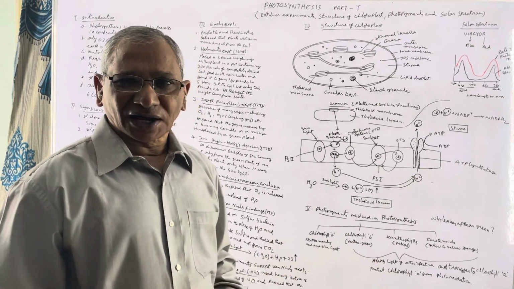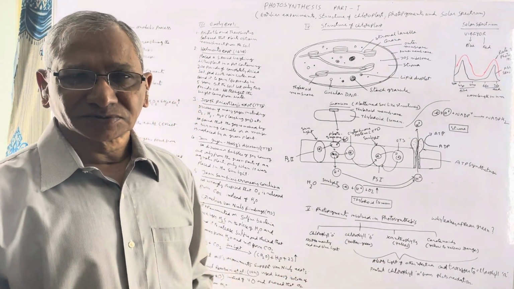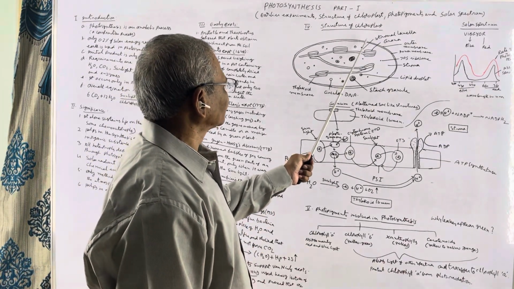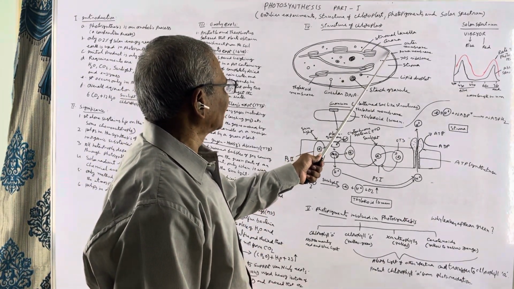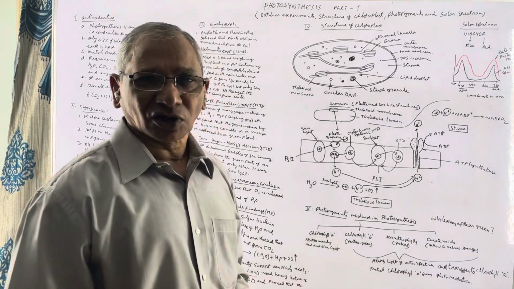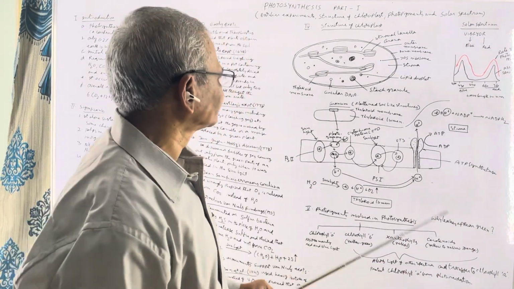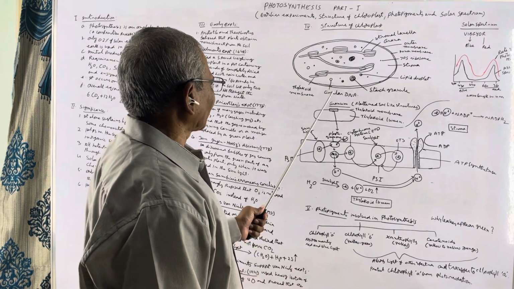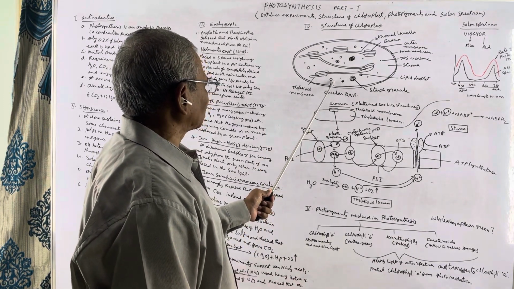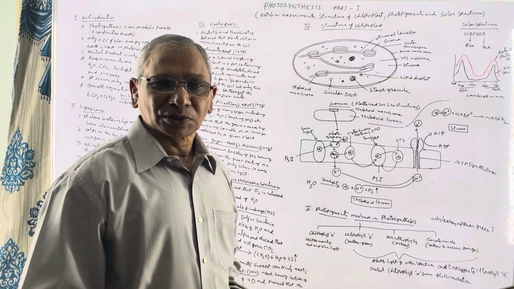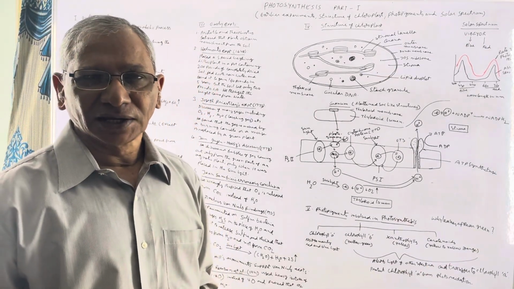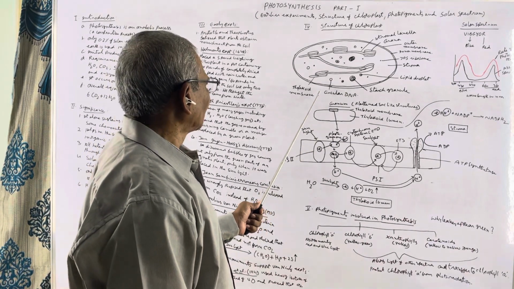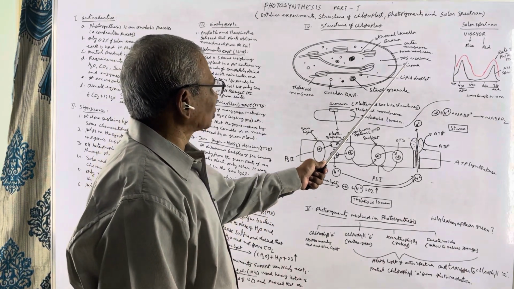The mitochondria and the chloroplasts have many similarities. Both of them are made of double membranes. This is called outer membrane, this is the inner membrane. In mitochondria also we find two membranes. Then, in both chloroplasts and mitochondria we find circular DNA molecules, double-stranded circular DNA molecules. Then we also come across ribosomes.